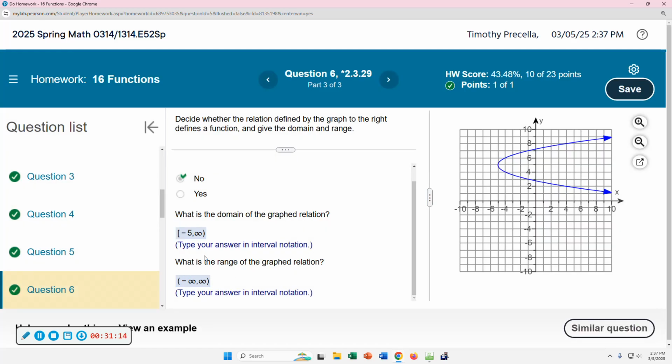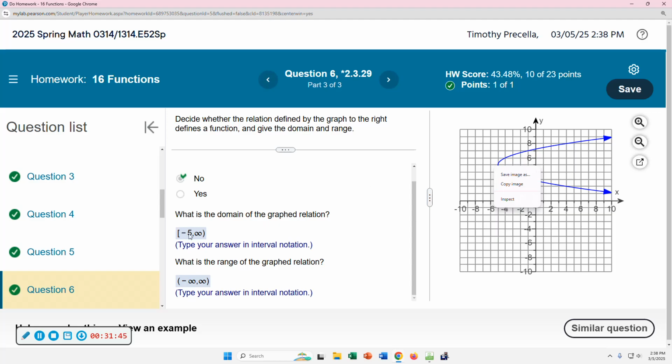Why do you use a bracket? Because there is a point at negative 5. Right here. Look at my mouse where I'm pointing. That point right there has an x value of negative 5. Did y'all hear that question? It's a good question, and it causes problems. On tests, people will put parentheses negative 5 to infinity, and it's counted wrong because negative 5 is used as an x value.